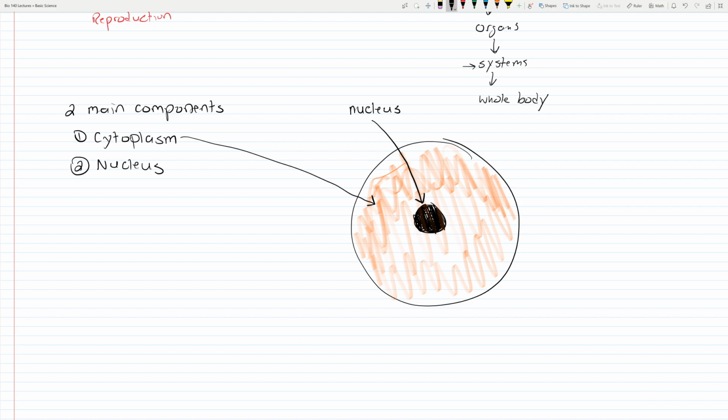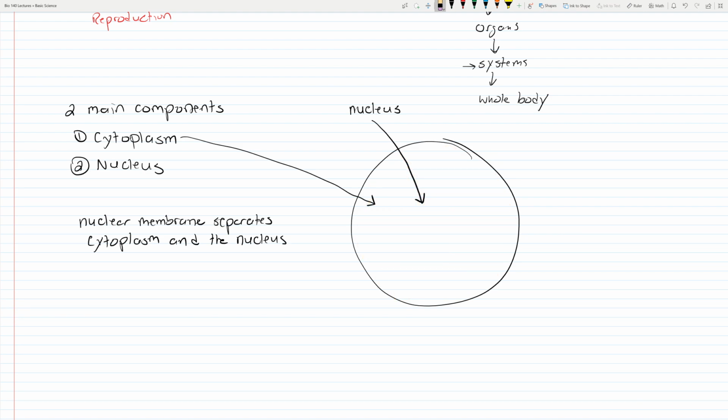So what separates these two components? Well, the cytoplasm is separated from the nucleus by the nuclear membrane. The nuclear membrane separates the cytoplasm and the nucleus. And I'm going to do this a little bit differently. I'm not going to make it an eyeball.